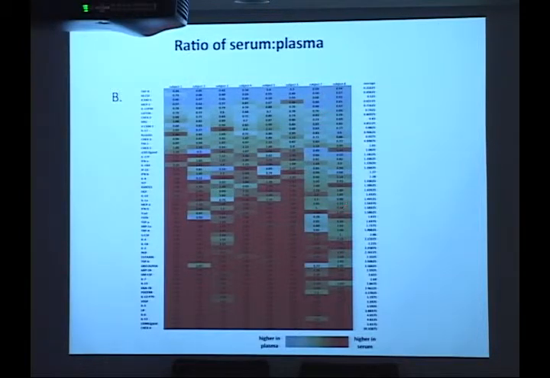You can see that for this individual, for instance, this cytokine may be higher in serum. However, in this subject, it's higher in plasma. So the pattern is really complex, and there's no one-size-fits-all.